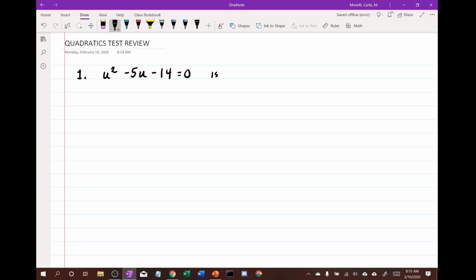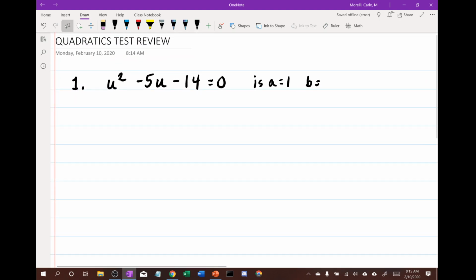Question, is a equal to 1? Yes. What is b equal to? -5. And c equals -14. Now, because c is negative, we will have different signs on our factors and answers.